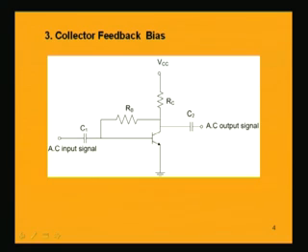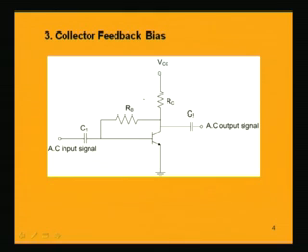Another scheme is the collector feedback bias. In the collector feedback bias, the collector has a feedback resistance connected to the base. That means there is a feedback loop from collector to base through this resistance RB.